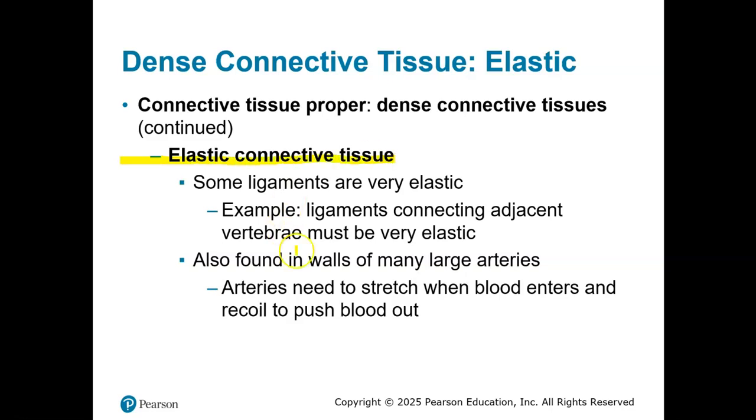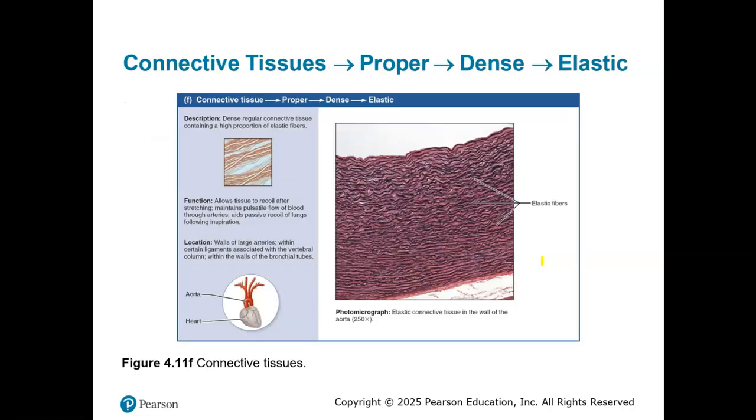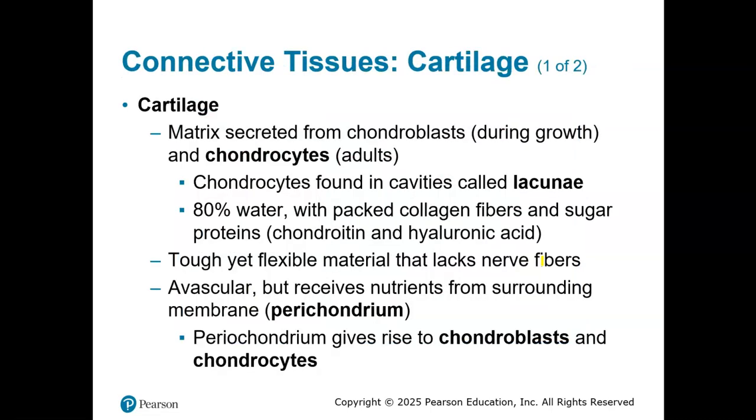You find elastic connective tissue in the walls of many of your large arteries, which we call elastic arteries. Your arteries are under great pressure, so they need to be able to stretch and recoil. That is all of our connective tissue proper.